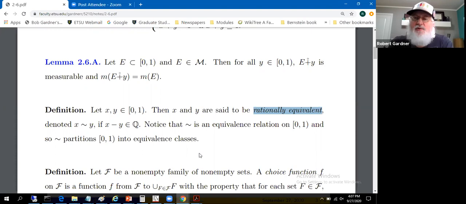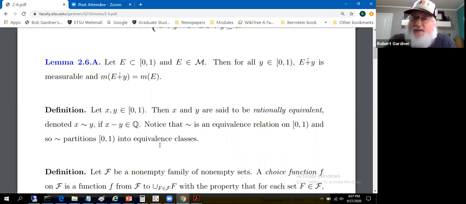There's a little something to show there, I suppose. But this does determine an equivalence relation. And one of the main reasons you take an interest in equivalence relations is they produce equivalence classes which partition the set on which they're defined. So this equivalence relation, rational equivalence, will partition the interval 0, 1 into equivalence classes.